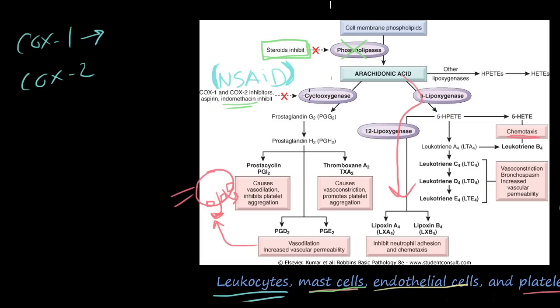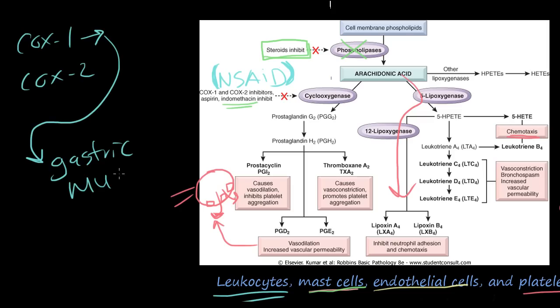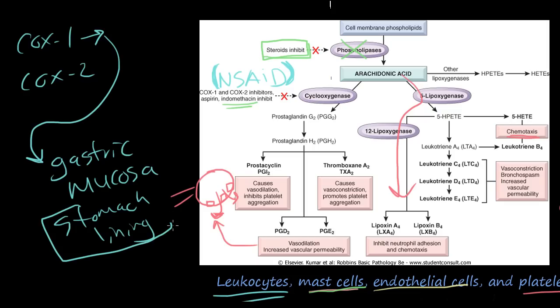However, this COX-1 enzyme, this cyclooxygenase 1 enzyme, let me just go down here, is in the gastric mucosa, which is the stomach lining. Inside your stomach, you have these COX-1 cyclooxygenase enzymes, and they produce prostaglandins inside the stomach.